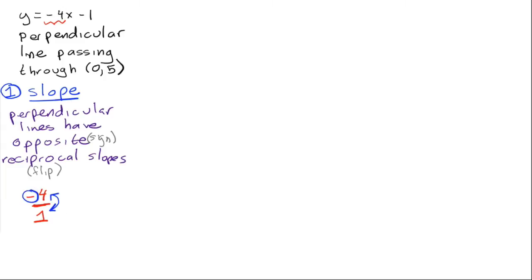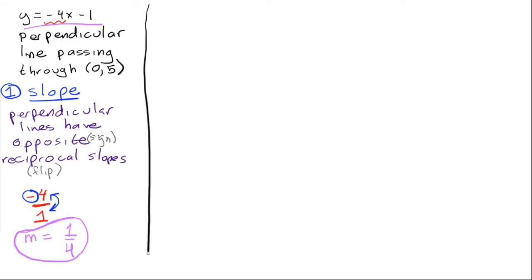So if I flip it, I get 1/4, and it's going to change sign from negative to positive. So the slope of my line, which is perpendicular to this line, is +1/4.